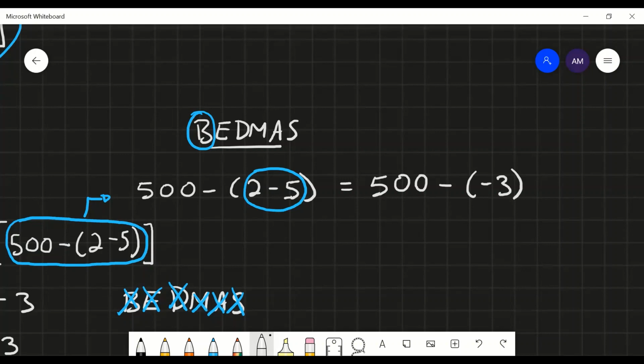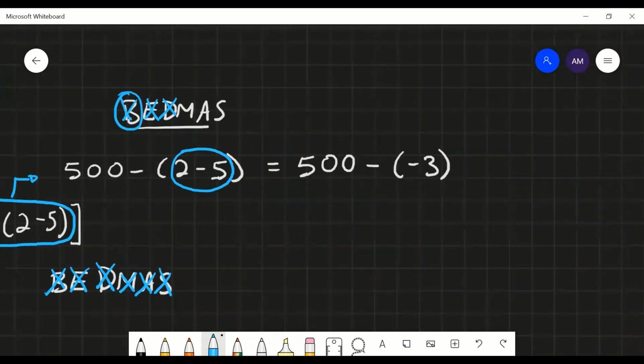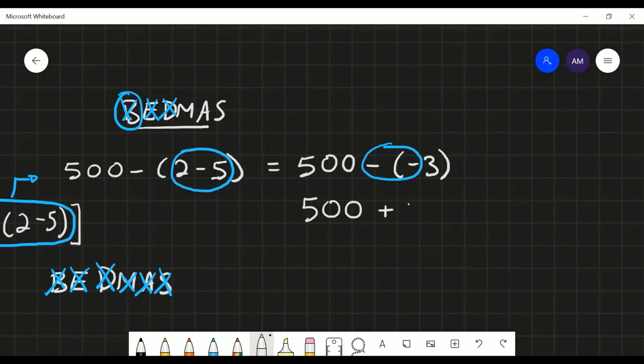Remember that 5 is bigger than 2, and 5 is negative and 2 is positive, so we get negative 3. Next, we have exponents, none. Division, there are none. Multiplication, sort of. There's one right here, technically, because we have two symbols next to each other. Two negatives that are next to each other like that will make a positive. Additions, yes, there's an addition, so this would make 503.